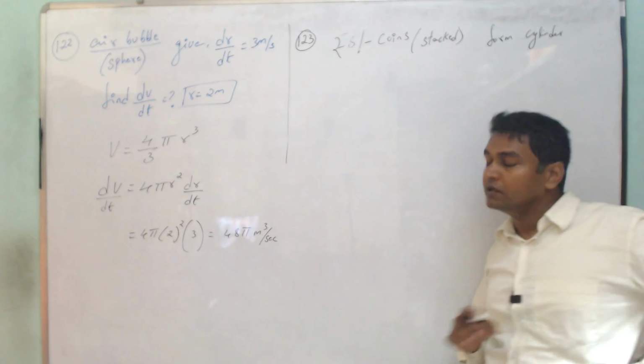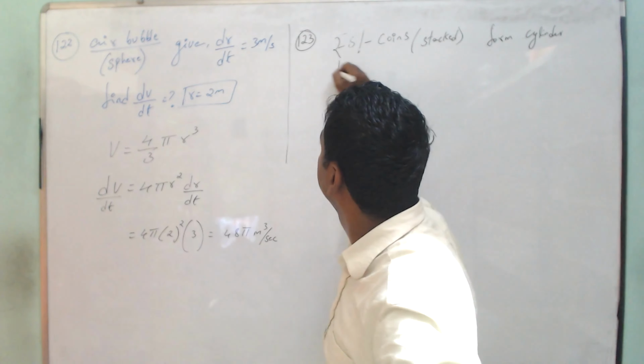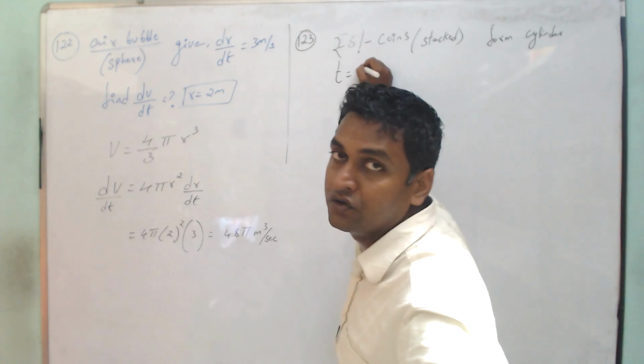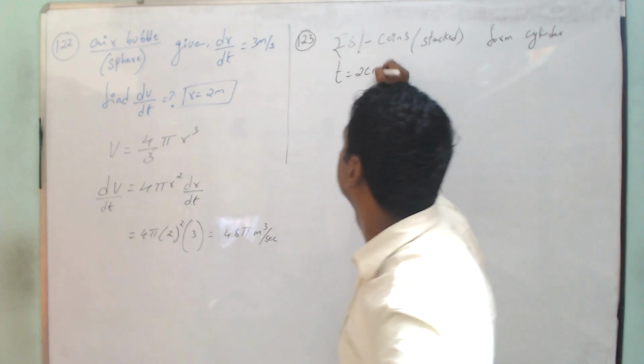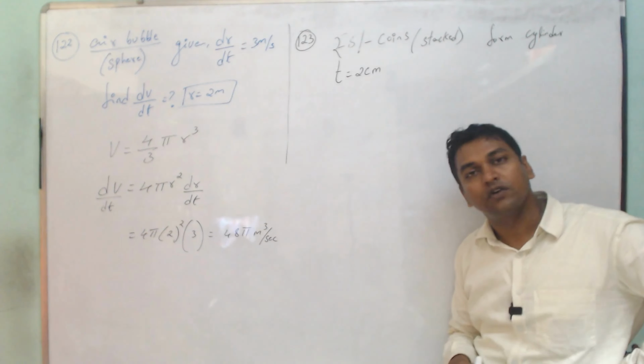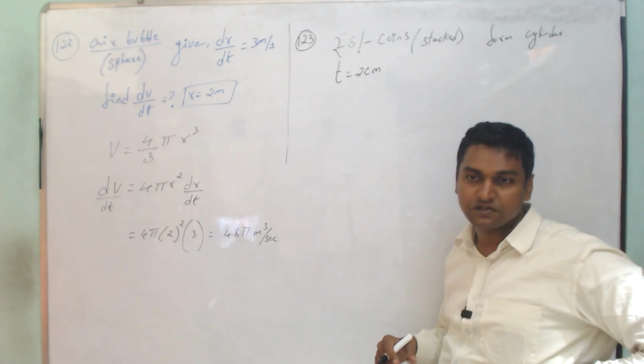The thickness of each coin is 2 centimeters.